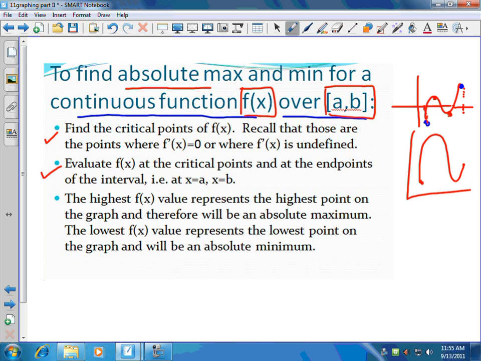So the absolute maximum point on the graph can also occur at a critical point. So we're going to evaluate the function at the critical points and at the endpoints. These are the suspicious points where you expect to find the absolute max or min. And the highest value you get from that process is your absolute max, and the lowest value you get is your absolute min. Let's take a look at an example.